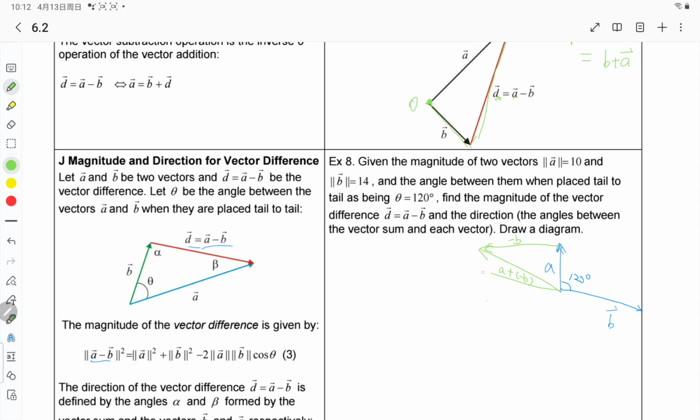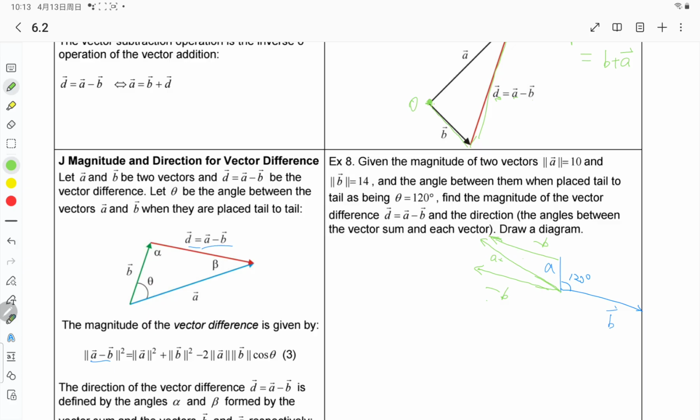Here is negative B, okay. And this is A plus negative B. Sorry, this looks a little bit ugly here, but I think you know what I mean.